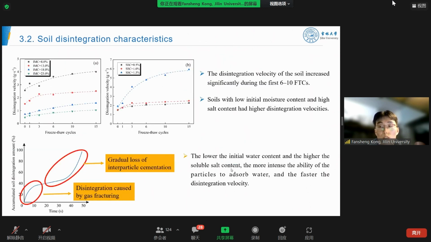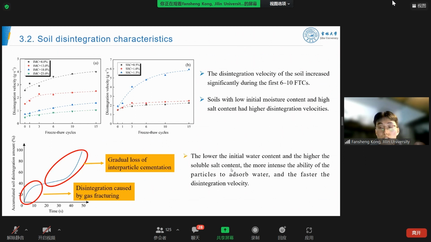The disintegration velocity of the soil increased during the first 6 to 10 freeze-thaw cycles. The following figure illustrates the typical disintegration curve. The disintegration process showed a three-stage pattern of fast, slow, fast over time.